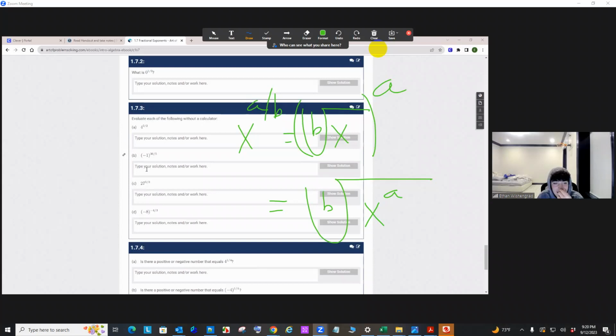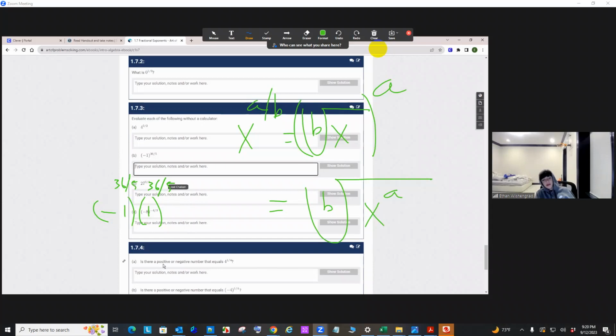No, no, no. So what you did, did you say -1 in parentheses times 1, and this is to the 36 over 5? Well, that's actually the same. What did you do? Usually when I see a negative sign, I just isolate it, and put it in at the end.